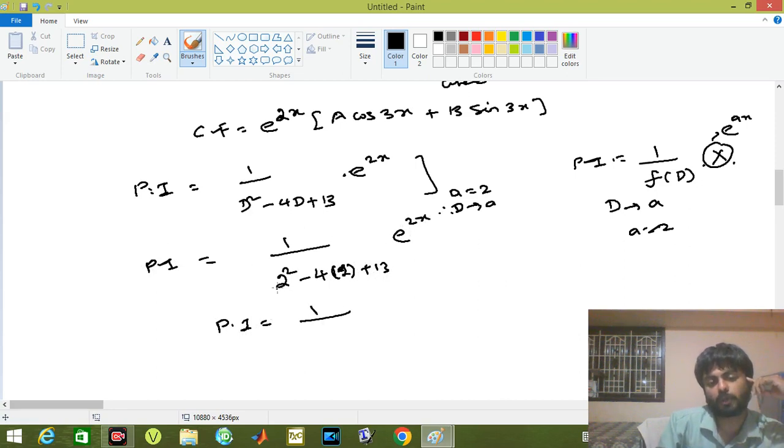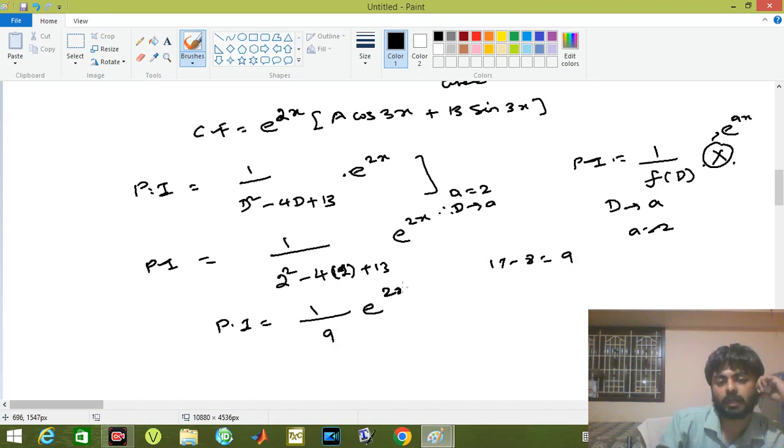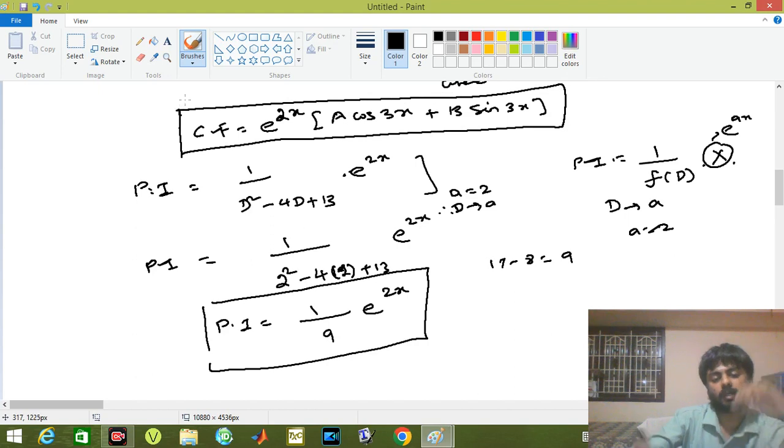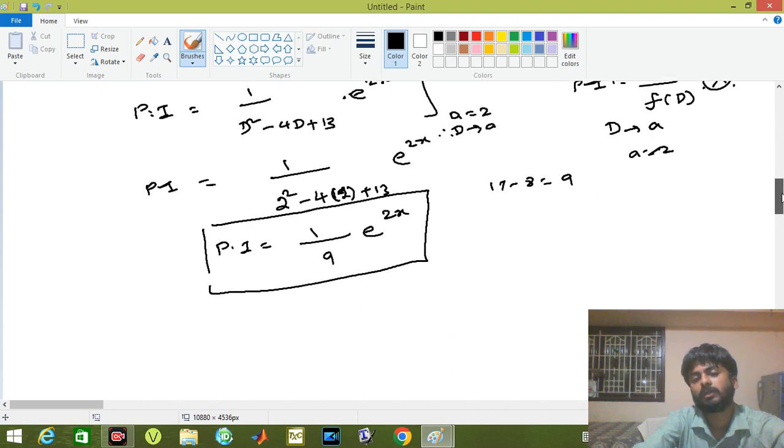So PI equal to 1 by 4, 4 plus 13 is 17, 17 minus 8, 4 2s are 8. So 17 minus 8 is 9. So you will have 1 by 9 into e power 2x. This is your PI and this is your CF.